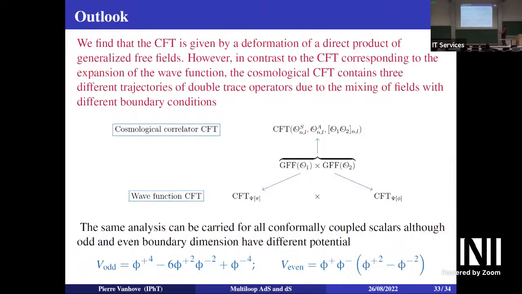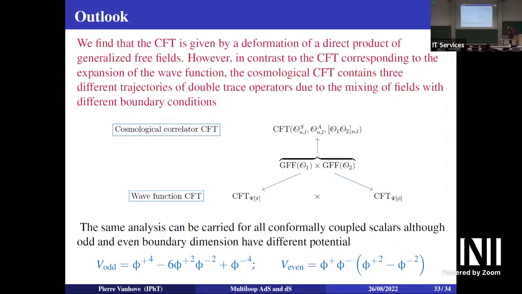So as a conclusion, what I'm saying is that we can explicitly evaluate the cosmological correlator in this way. I've described the case of the conformally coupled scalar field because it's where the expressions are the simplest, but we can do that as well for any integer delta.